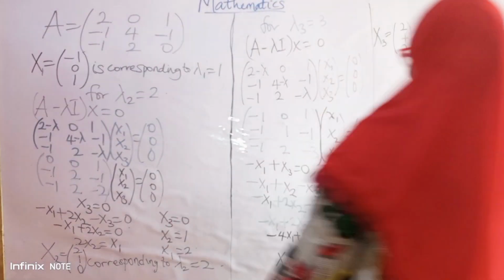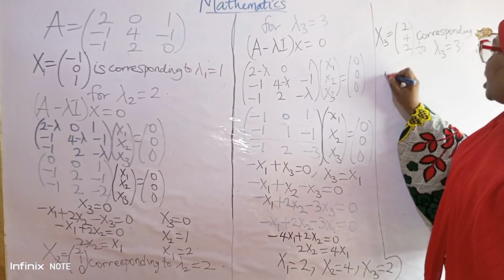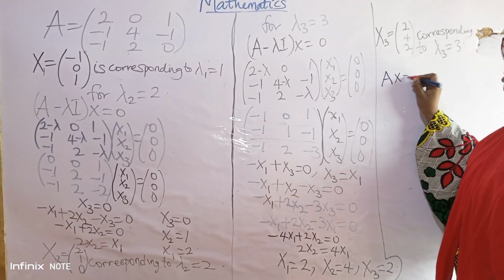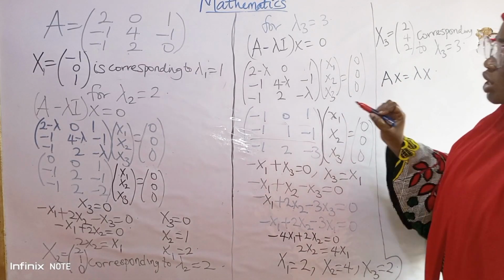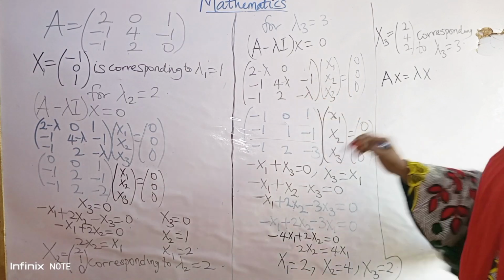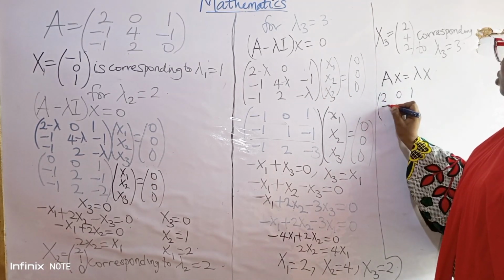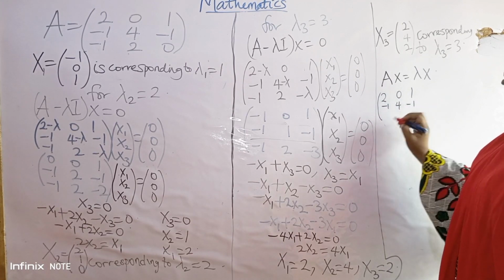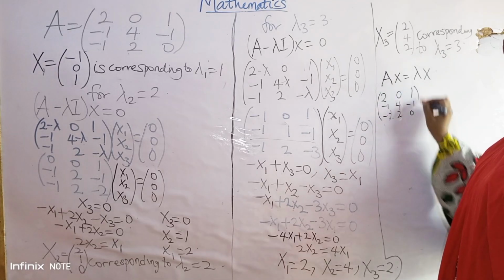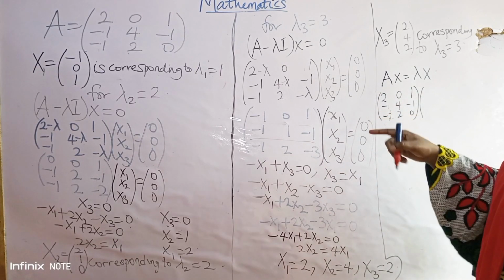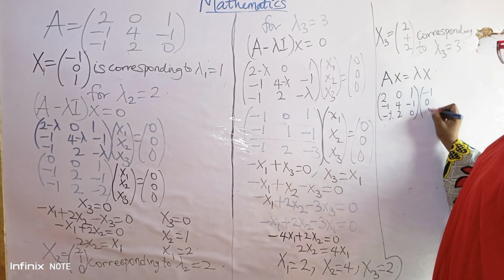So you can check whether you are correct or not if you use Ax is equal to lambda x. So we have [2, 0, 1; minus 1, 4, minus 1; minus 1, 2, 0], then multiply by the eigenvector we've got there, minus 1, 0, 1.